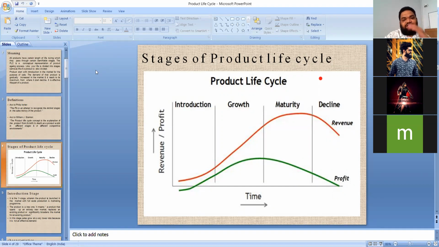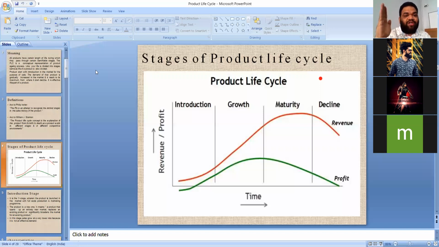I want to tell you that the product life cycle is not from one stage to another stage in just 1 year. Don't think that the PLC will be for only 1 year or 2 years or 3 years. As long as the product exists in the market, this PLC exists.